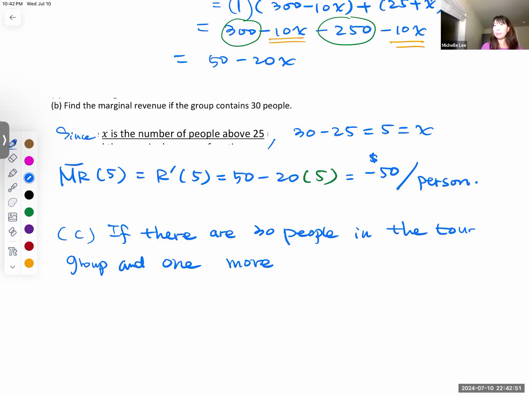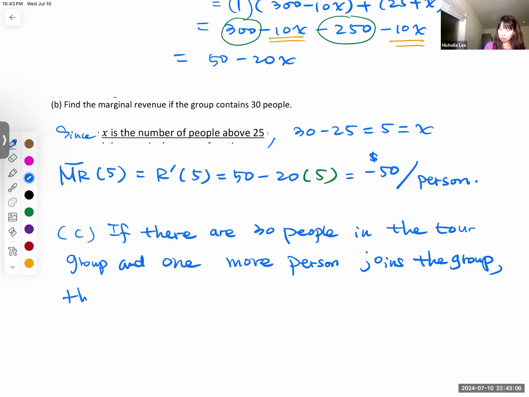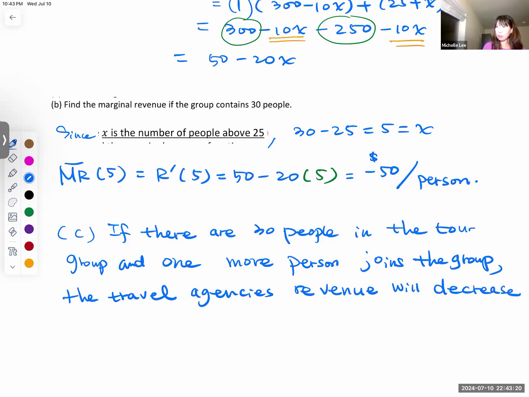So we learned the last time, in case one more person joins the group, the travel agency's revenue will decrease by $50.